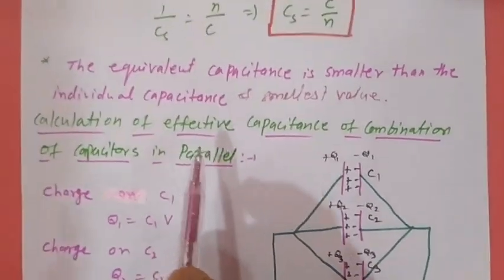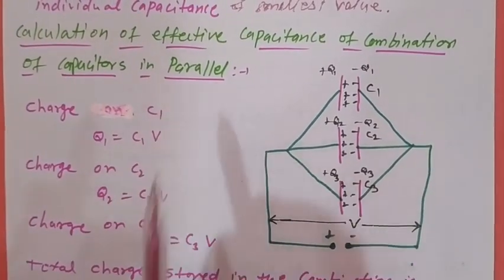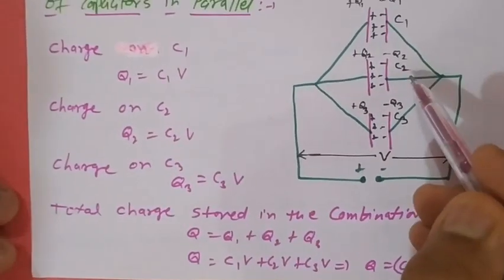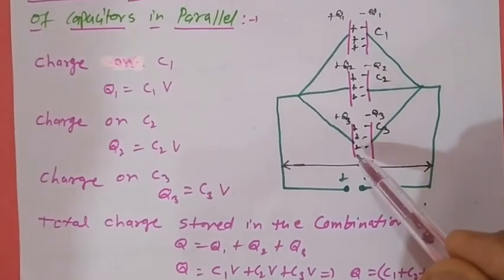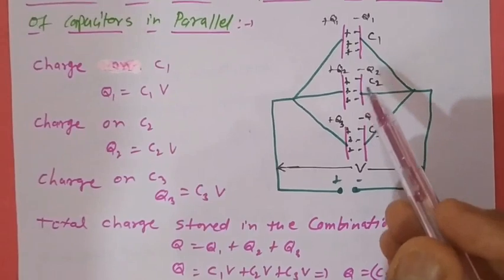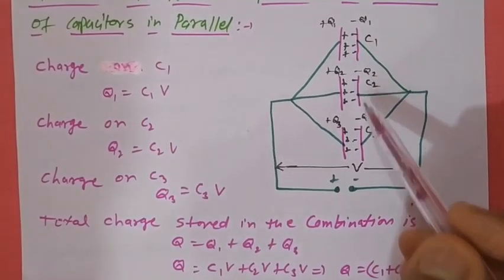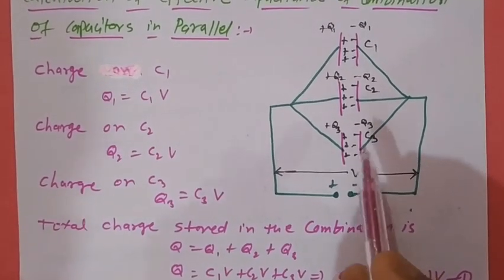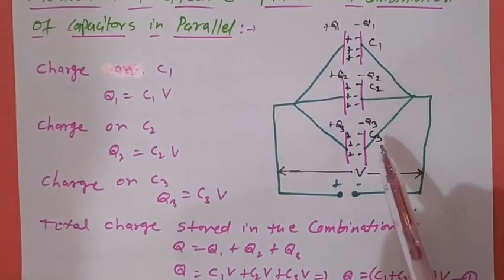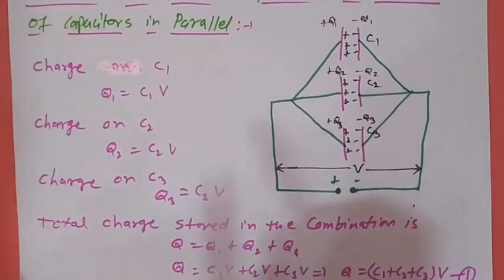Next, calculation of effective capacitance of a combination of capacitors in parallel. Here C1, C2 and C3, three capacitors, are connected in parallel. We can see from the diagram that C1, C2 and C3 have the same potential difference V, but the charges on C1, C2 and C3 will be different: Q1, Q2 and Q3.